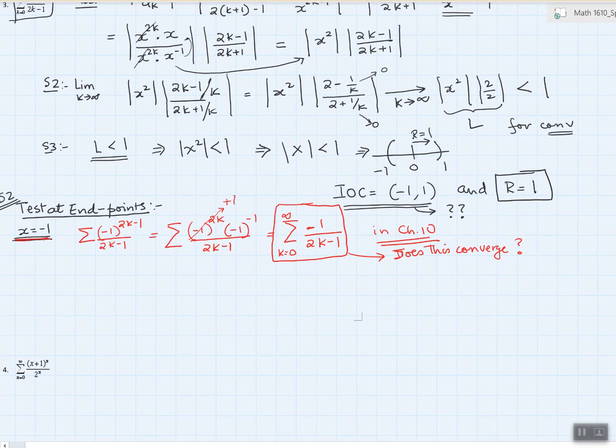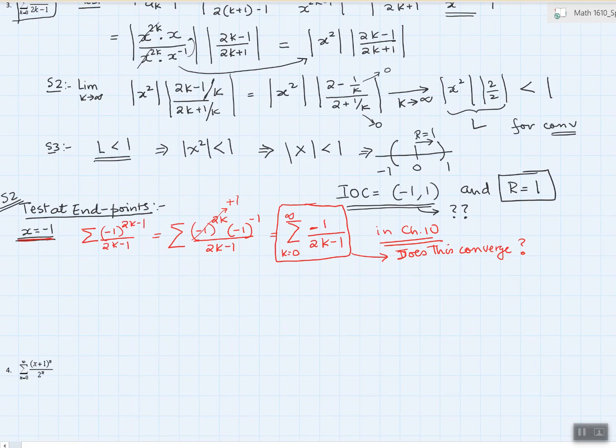Well, by now I think you would have good intuition how to check this. You're going to use the limit comparison test and compare with b_k as 1 over k, and you will find that this one does not converge.